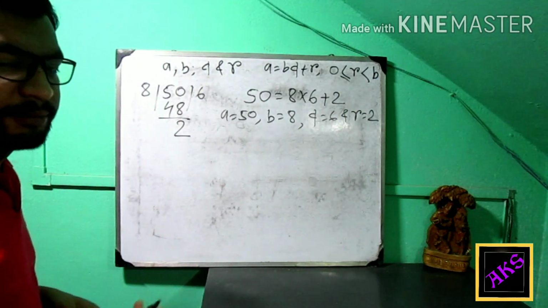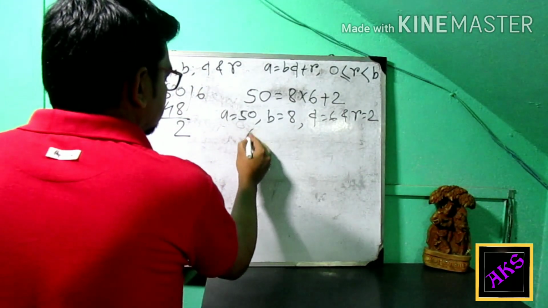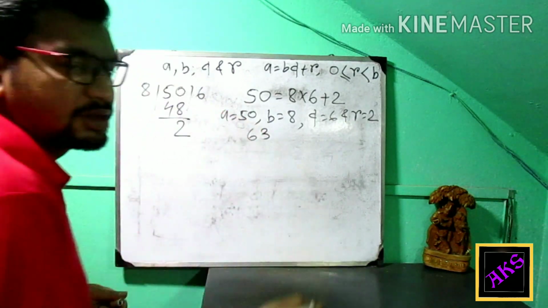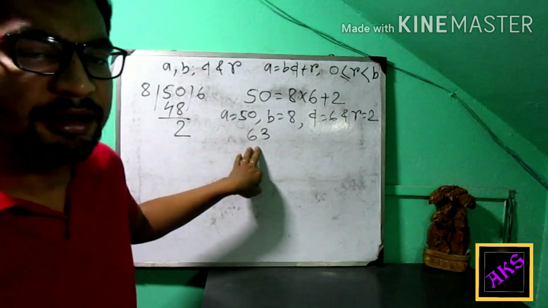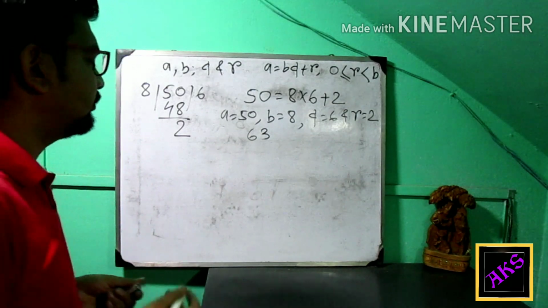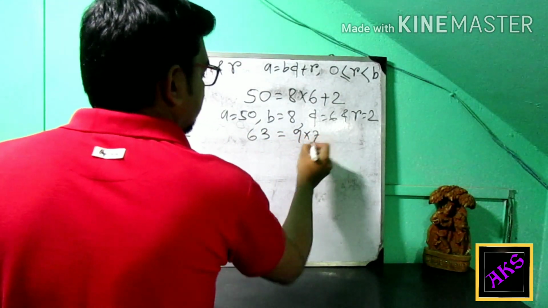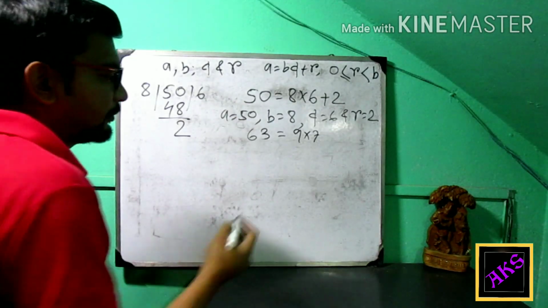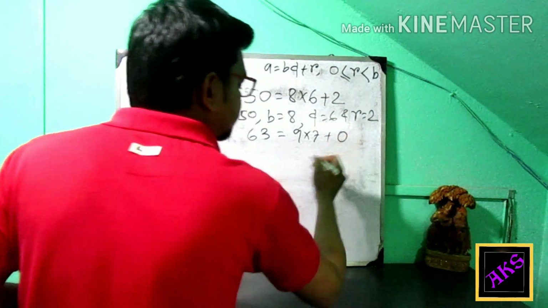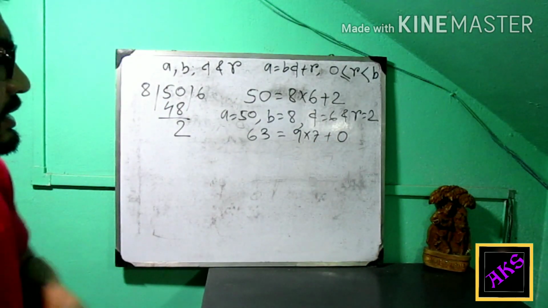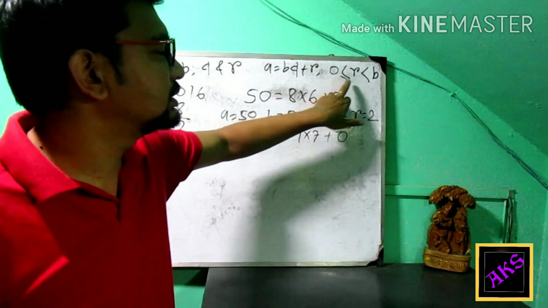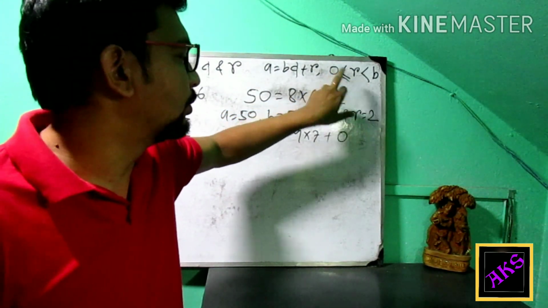Now if we take an example of 63, suppose 63 is divided by 9. So what do we have? We can get 9 into 7. So what will be r? Plus 0. Okay, this stated that r can be greater than 0 or equal to 0.